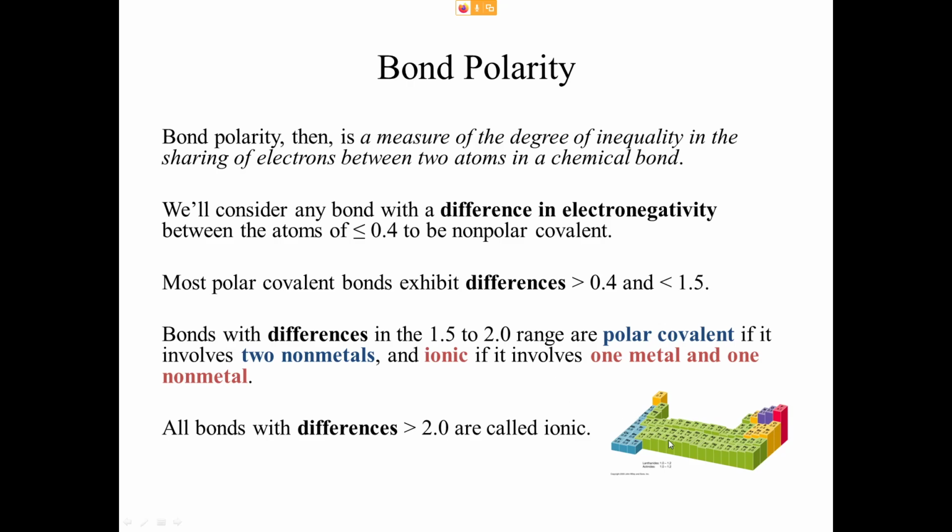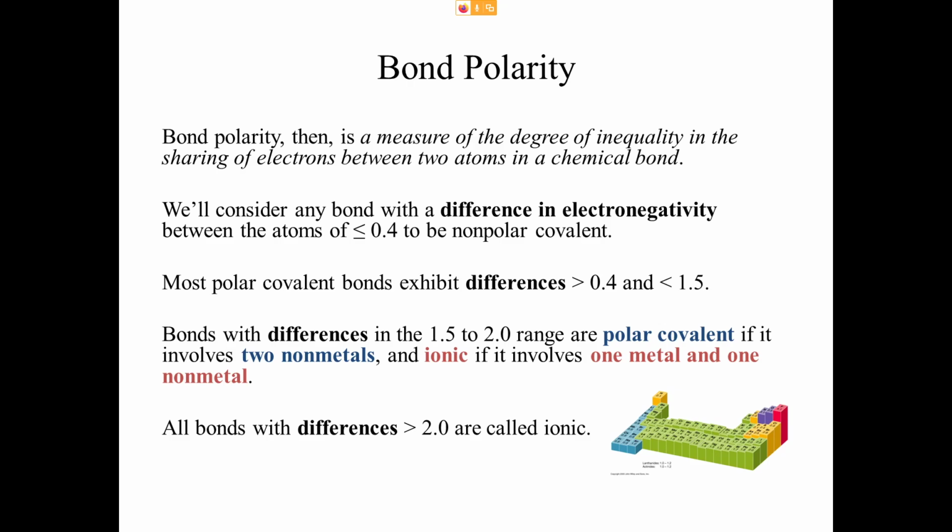If I pick something like carbon and lithium, carbon 2.5, lithium 1.0, a carbon-lithium bond has a difference of 1.5, but that's in my range, 1.5 to 2. One of those is a metal, lithium. So carbon-lithium bonds will be ionic. They won't be covalent. It's right on the edge.